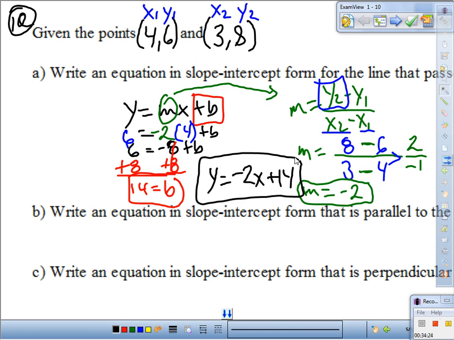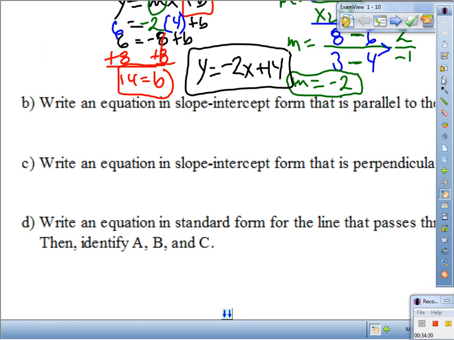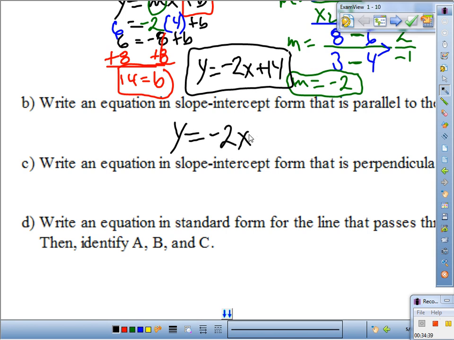Hands if you got that. Okay, good. From there, a line parallel to that one: y equals, what does the slope have to be? Negative 2x. And it doesn't matter what the y-intercept is as long as it's not the same. Plus 23.